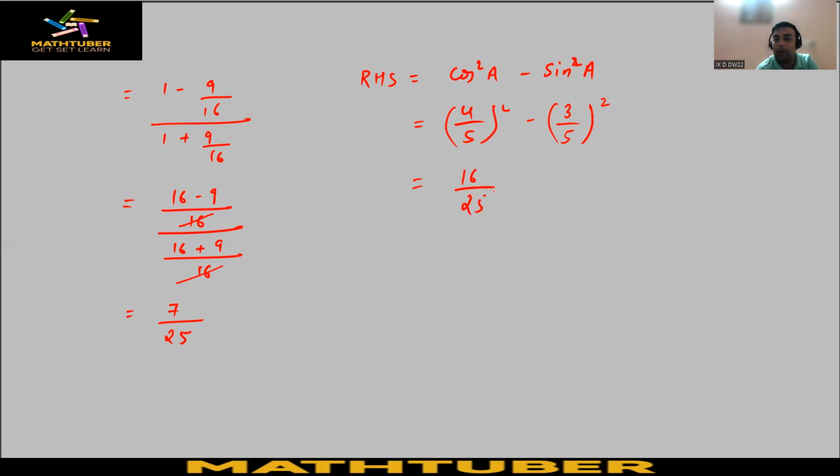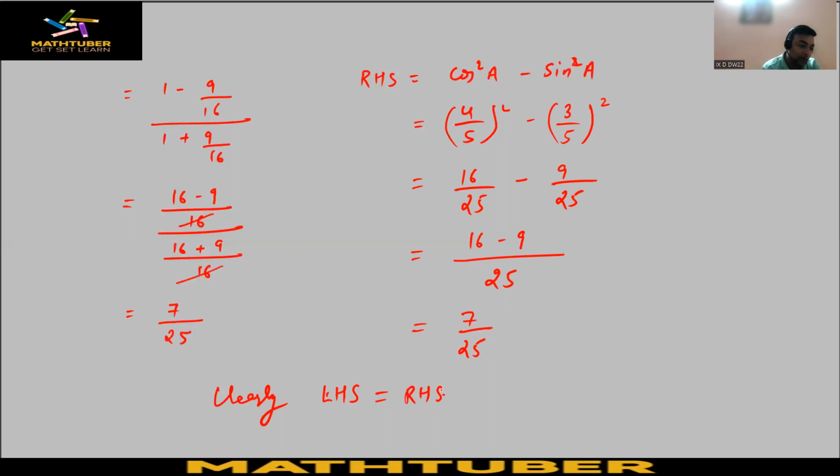So 16 upon 25 minus 9 upon 25, taking LCM here, so it will be 16 minus 9 upon 25, that is 7 upon 25, and clearly LHS is equal to RHS, and hence we can say that 1 minus tan square A upon 1 plus tan square A is equal to cos square A minus sin square A.